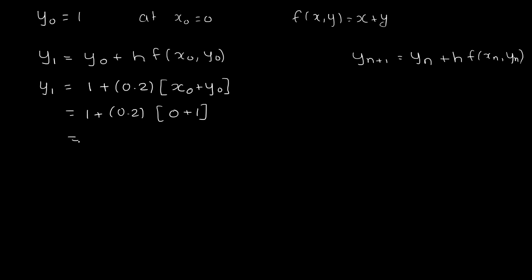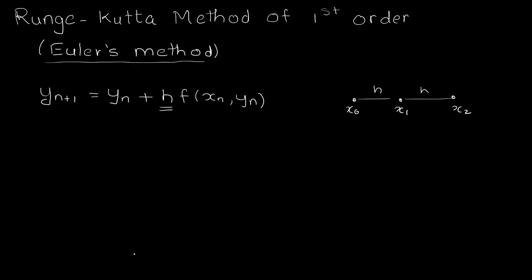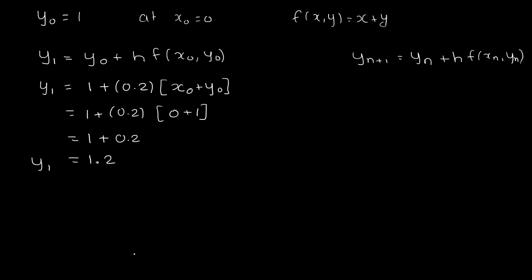This gives me the final answer 1 plus 0.2, that is 1.2. So y1 is 1.2, and y1 is the value when x1 is equal to 0.2.